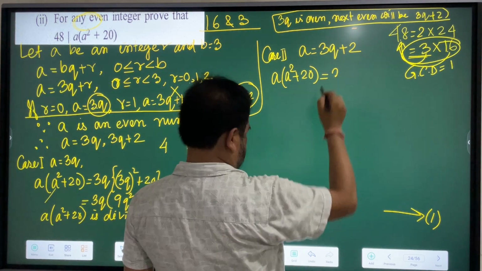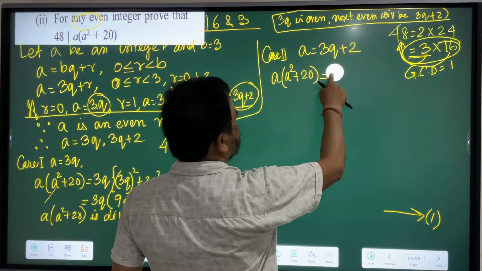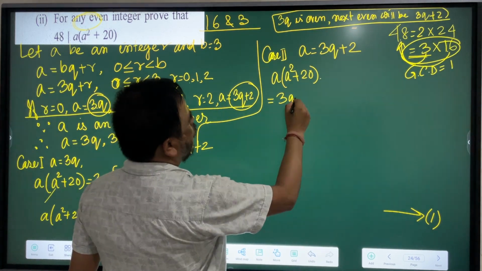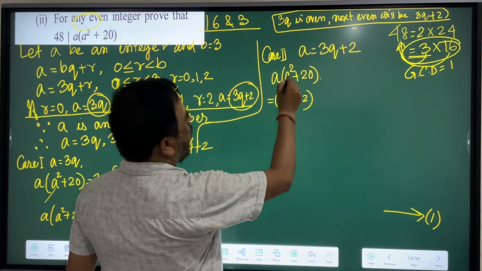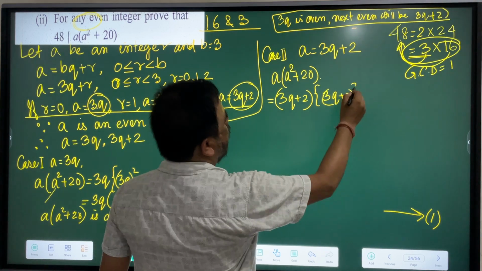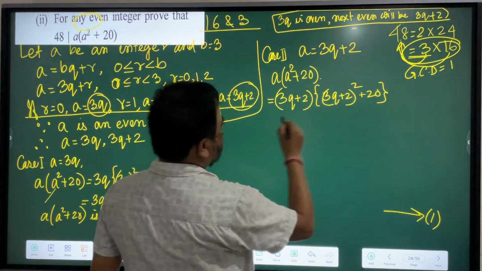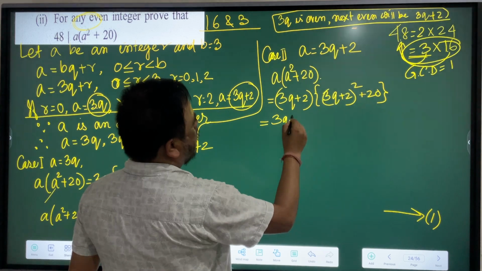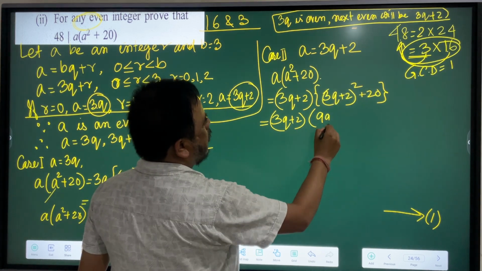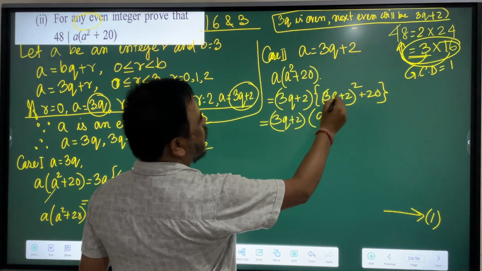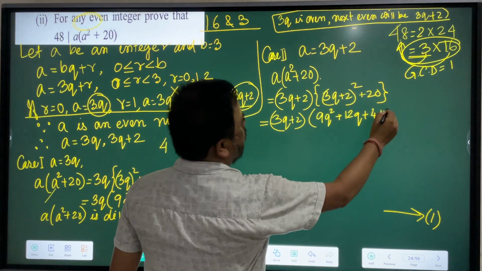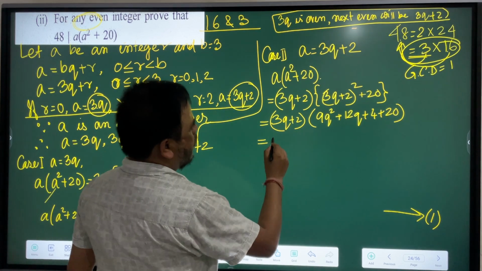So a is 3q plus 2. a² plus 20 is (3q plus 2) whole squared plus 20. This one I will do directly: 9q², 2 times 3 is 6, times 2 is 12q, plus 4, plus 20.